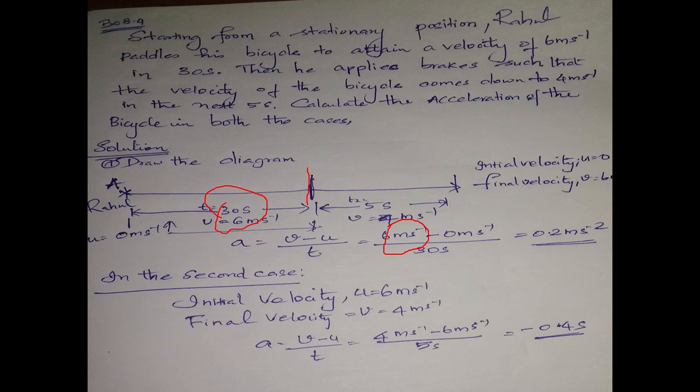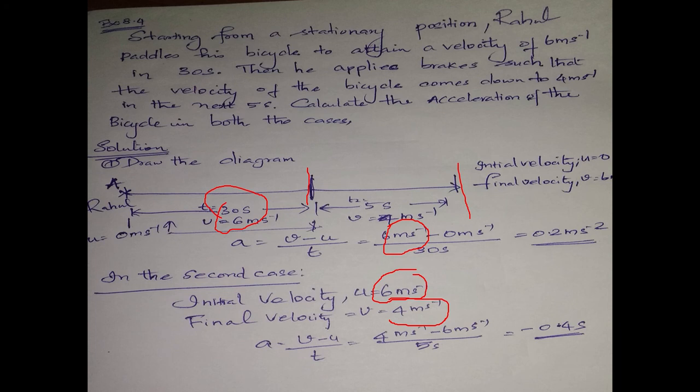In the second case, his initial velocity is 6 meters per second. He is going at 6 meters per second and immediately applies the brake. So in the next 5 seconds, it comes down to 4 meters per second. That is the final velocity in the second case.